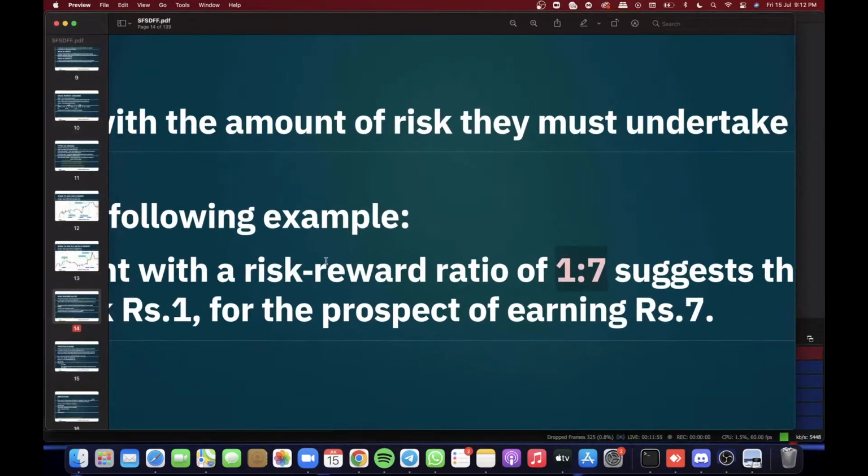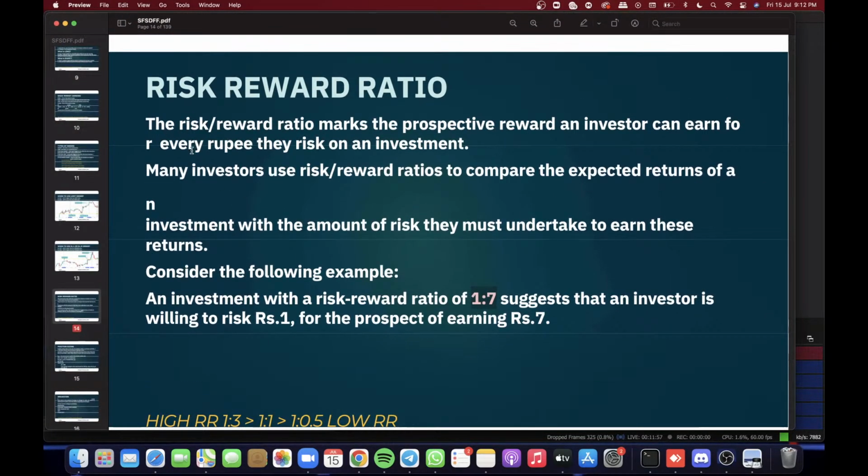Okay, same happens with the PDF. The PDF suggested basically the theory, what part it is, I'll read. The risk reward ratio marks the prospective reward an investor can earn for every rupee they risk on an investment. Many investors use risk reward ratios to compare the expected returns of an investment with the amount of risk they must undertake to earn these returns.